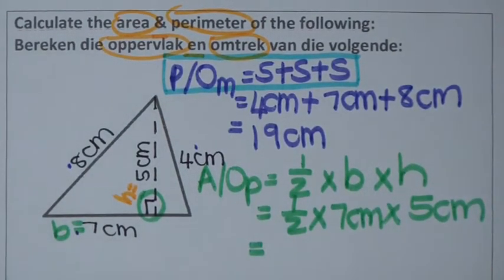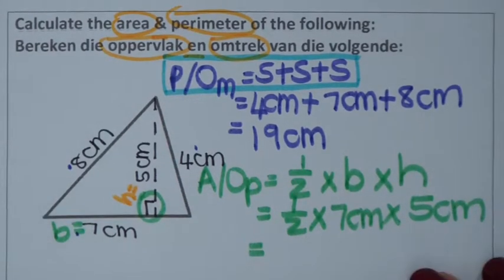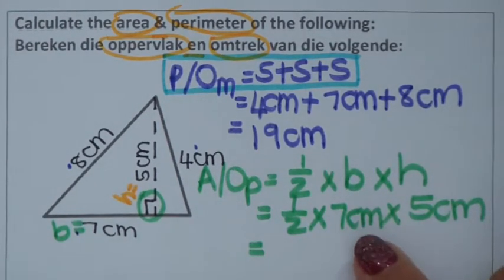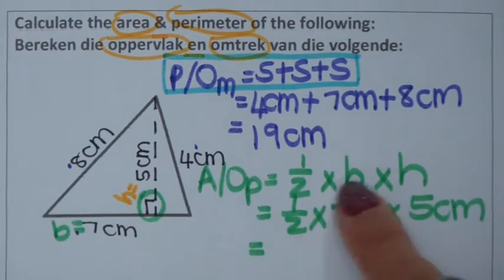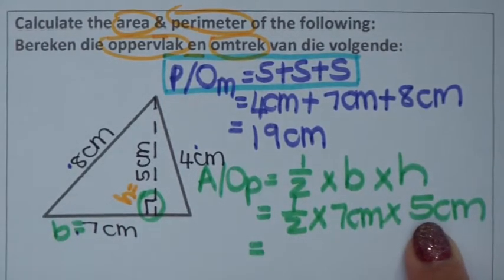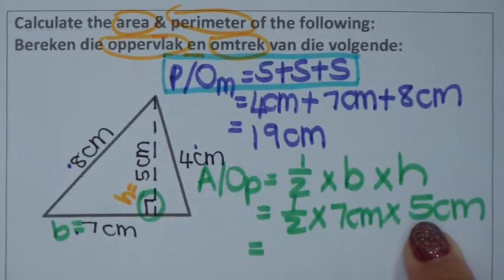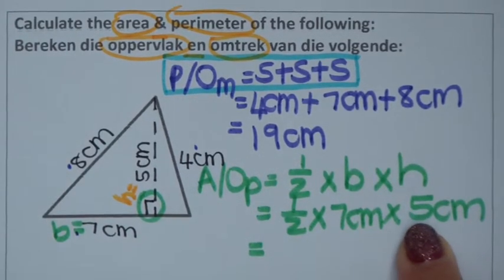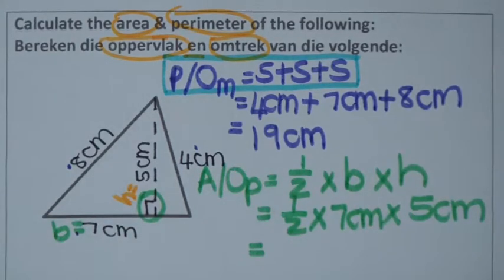Hoe doen ons dit? Okay. So, and lots of times you're allowed to use a calculator here. Baie keer mag julle 'n sakrekenaar gebruik. Maar sê nou mos mag nie. What if we didn't? So, I always first times the second two, the base and the height. Ek maal altyd die basis en die hoogte en ek sê 7 maal 5, 7 times 5, that is 35. Okay? Now, times a half is basically a half.